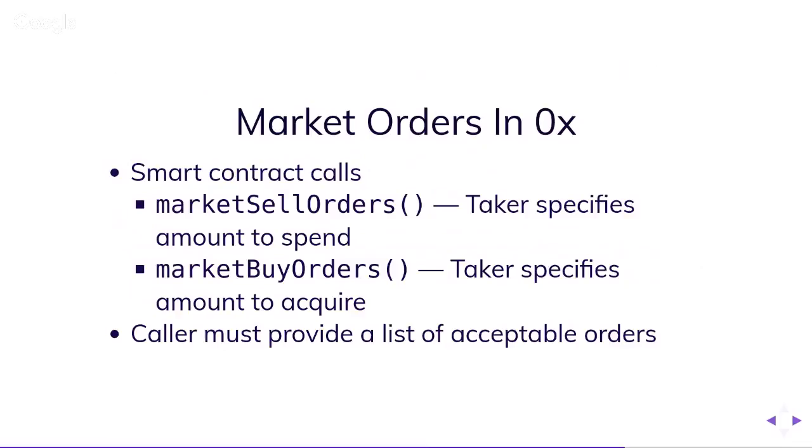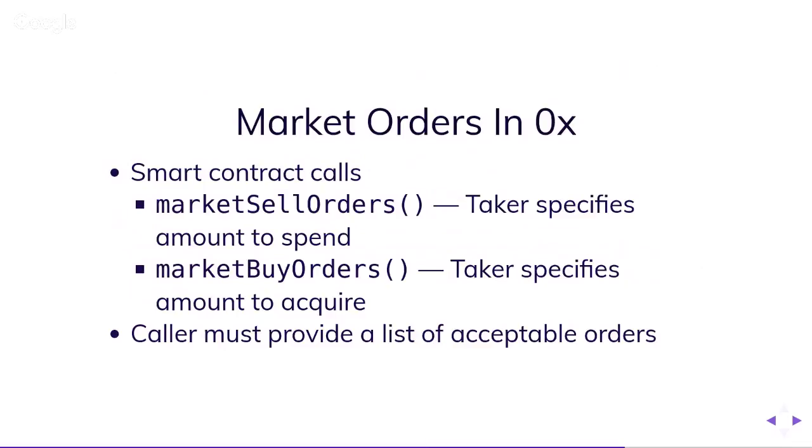Instead, you have to tell the contract, here are a bunch of orders that you could execute to fill this. So given this collection of orders, spend 50 ZRX acquiring Digix Gold, or spend as much ZRX as necessary to acquire 1 Digix Gold.